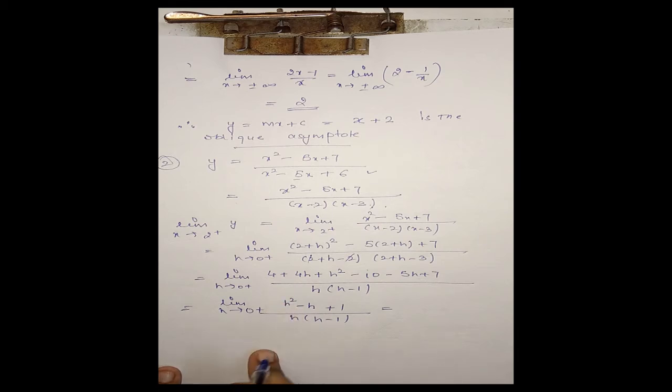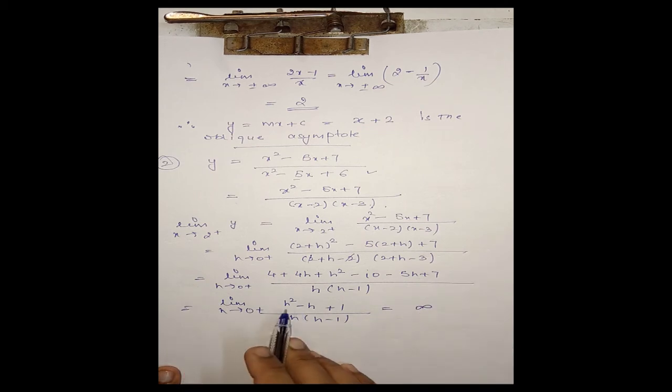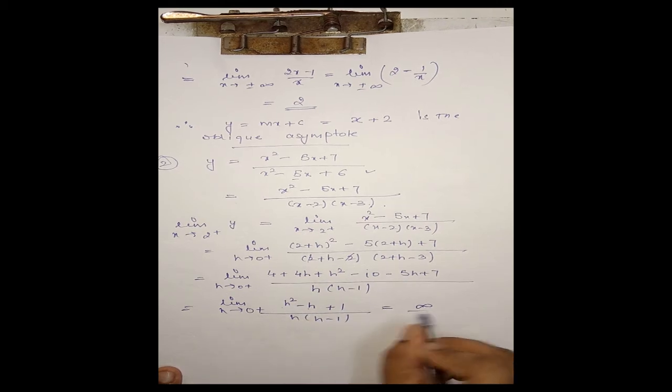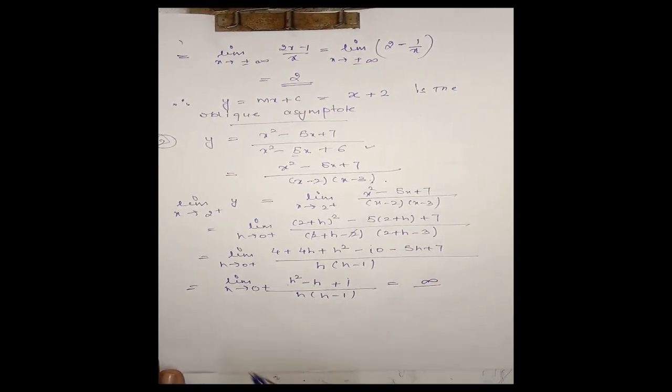Okay, on taking the limit as h tends to 0, this comes out to be infinity only. This is 0 minus 0, 1 by 0, which is infinity. It has 1 in the numerator and 0 in the denominator. Therefore, the limit is infinity.